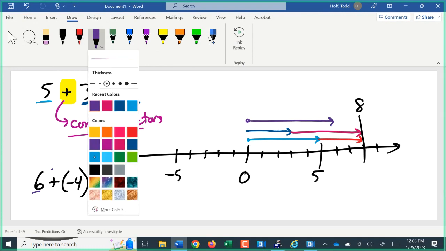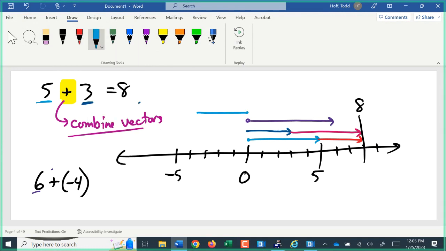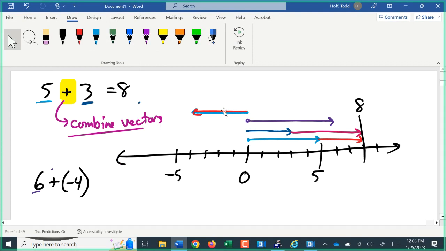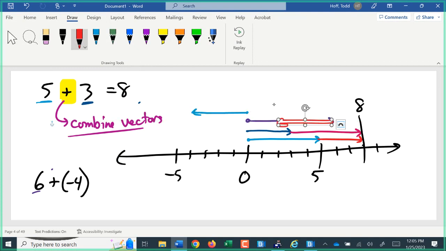And my vector for negative 4, 0 to negative 4. And to combine those, I'll just copy the negative 4 here. The 6. And I can see that puts me back at 2. 6 plus negative 4 is 2. So the vectors and their direction put us at the correct spot on the number line that gives us the answer.